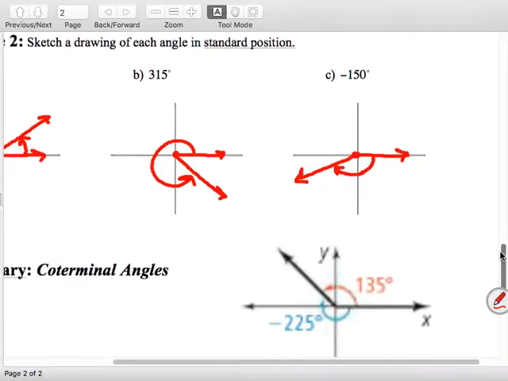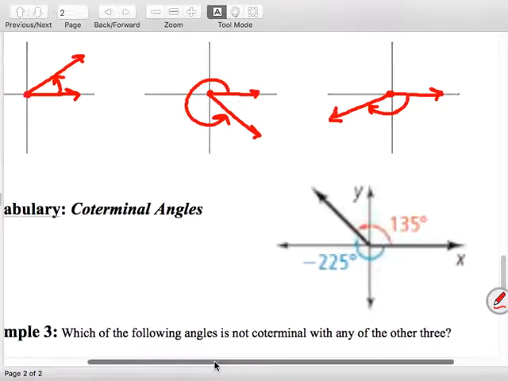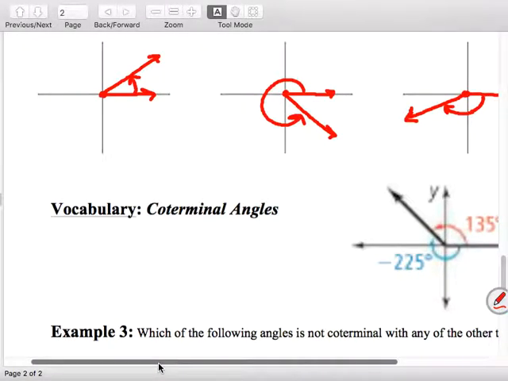All right. Okay, last topic, coterminal angles. We're going to do a definition here.